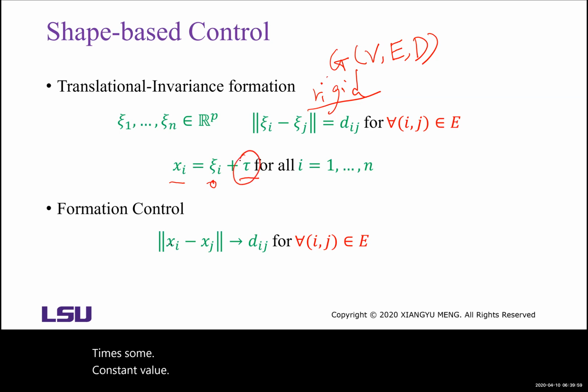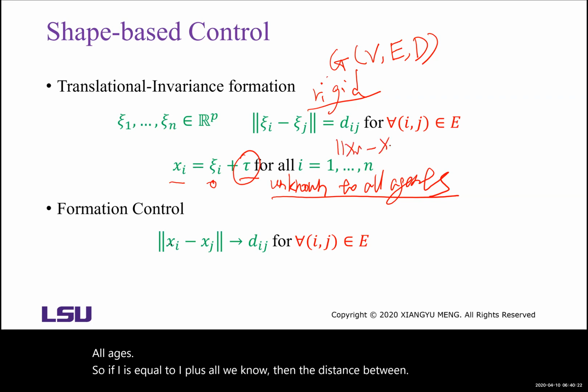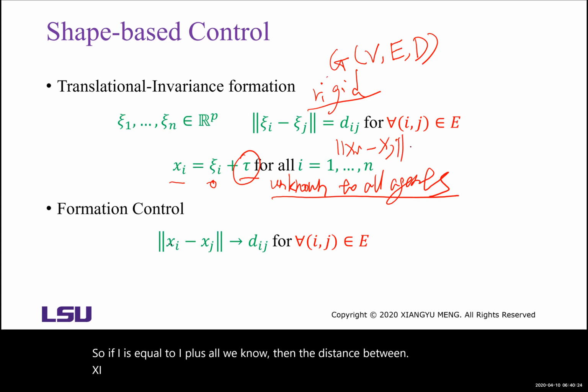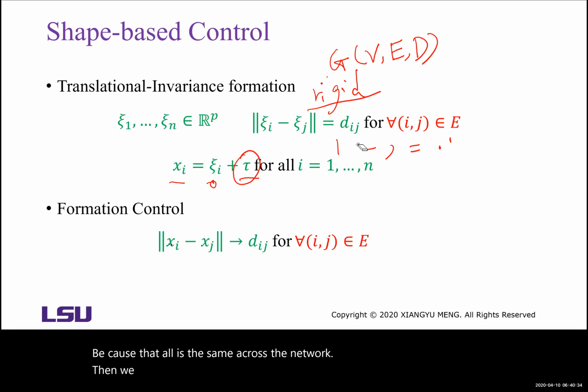The constant value tau is unknown to all agents. So if xi is equal to ci plus tau, then the distance between xi and xj is dij, because tau is the same across the network. Then we say the formation is achieved.